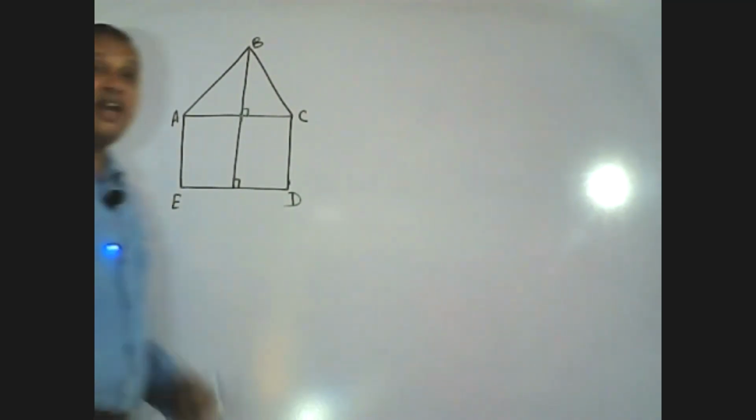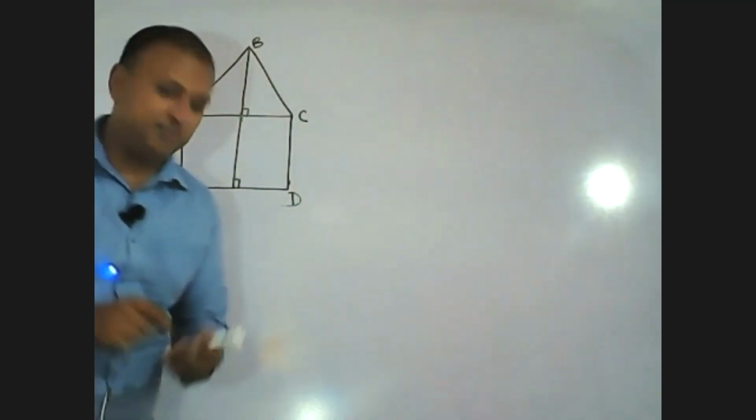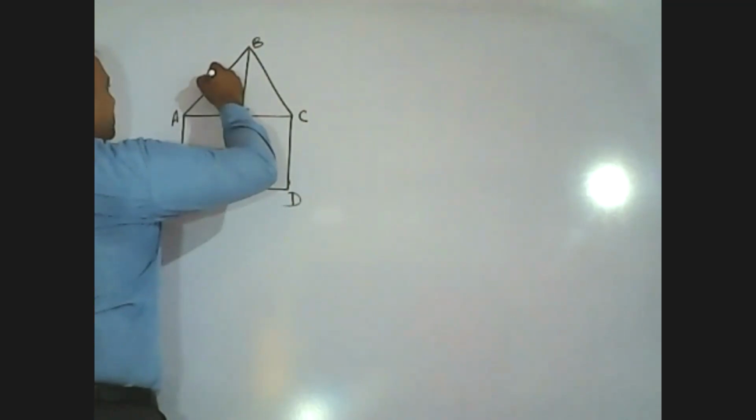Now, you should be well aware of the geometrical theorems. You are given this side is 20 Newton. The first thing we have to find is BC and AC.